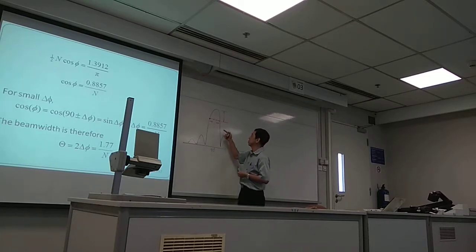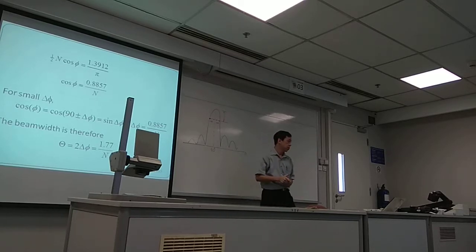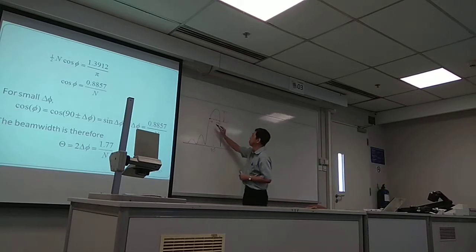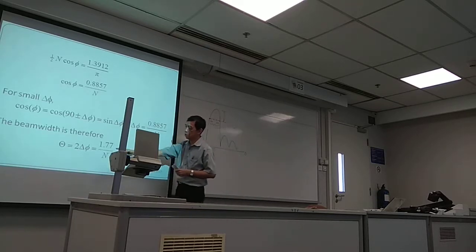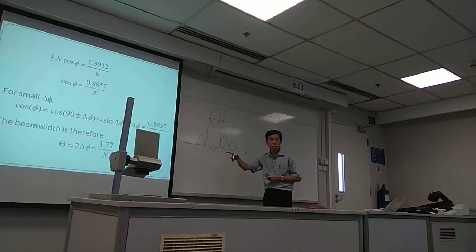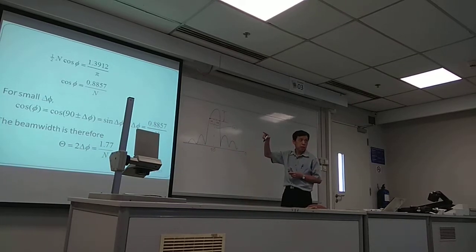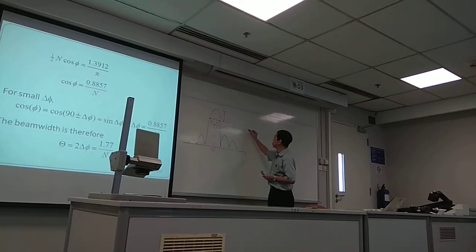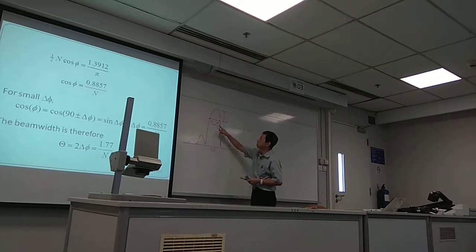So here, if we know the value of delta phi, then obviously we know the beam width. So this is the beam width, denoted here as capital theta, the capital letter of the Greek character theta. This is of course 2 times delta phi. So the question here is, what is delta phi?